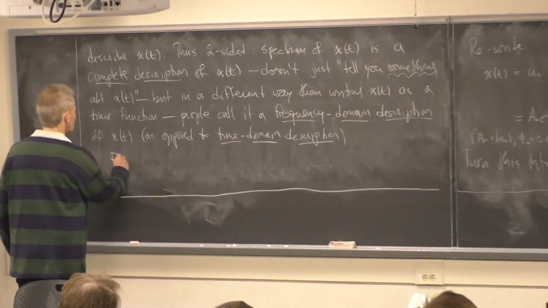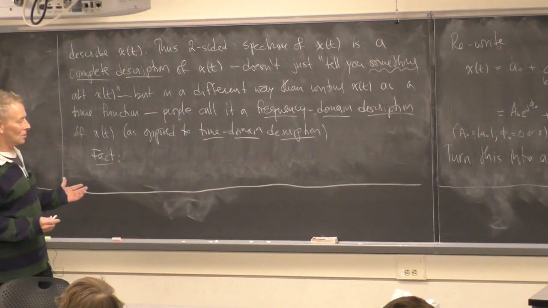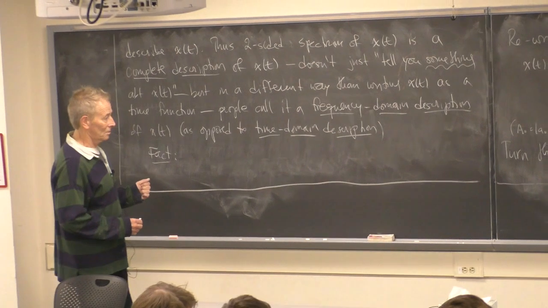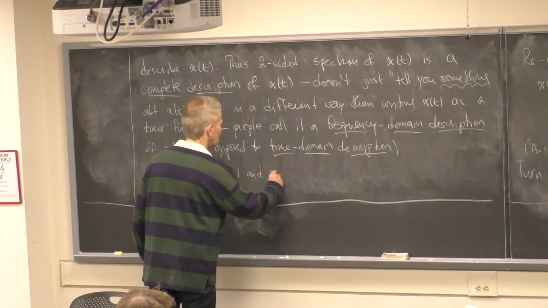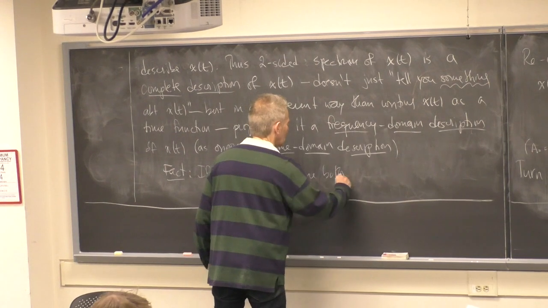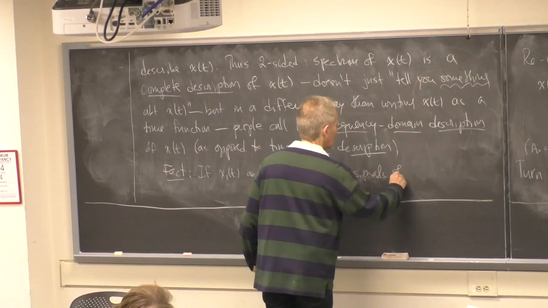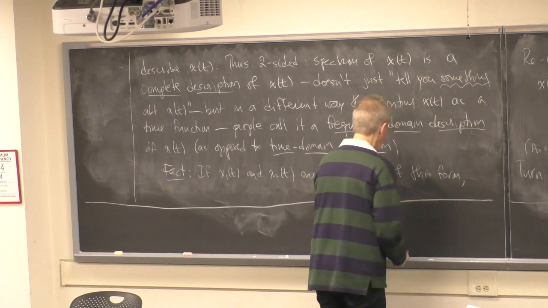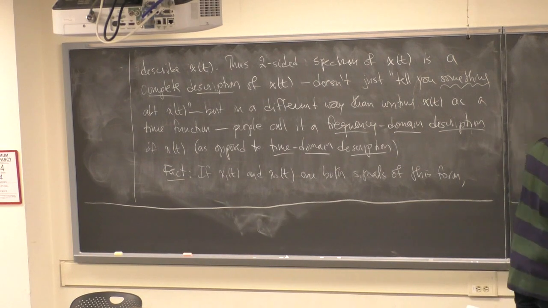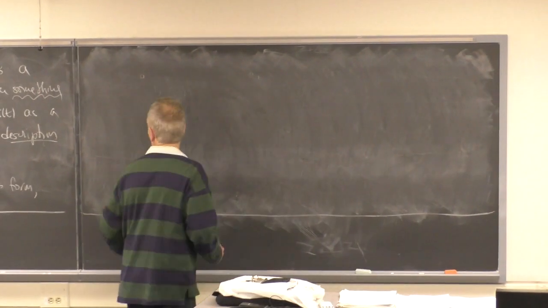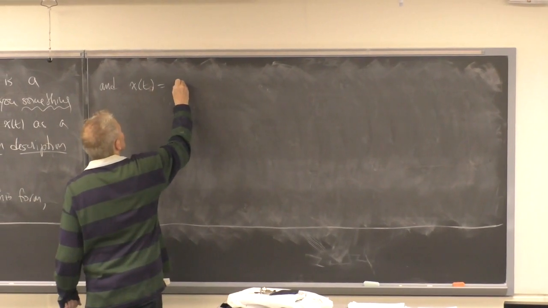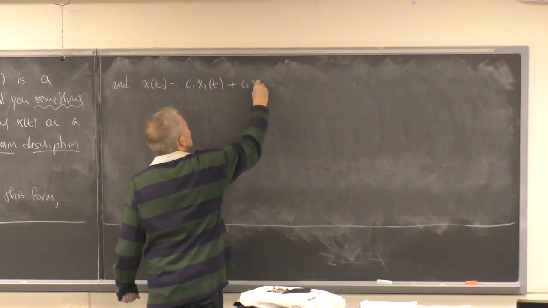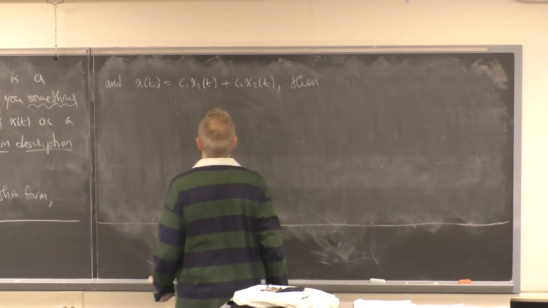If you have two signals and you add them together, say x1 of t and x2 of t are both signals of this form, and you take their sum, or let's take an arbitrary linear combo of them, say x of t equals c1 x1 of t plus c2 x2 of t, then, and I'm going to write this out in words.